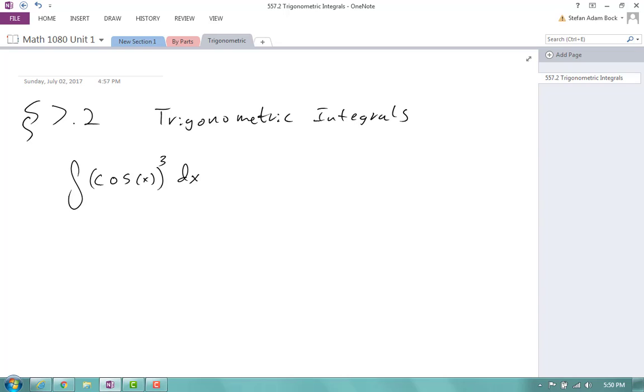So here I have 3 cosines, and I need to try to do a u substitution. But the derivative of cosine is a negative sine, and I have no sines available in my function. So I'm going to make some. What we do is we use identities to force the problem to fit a form.